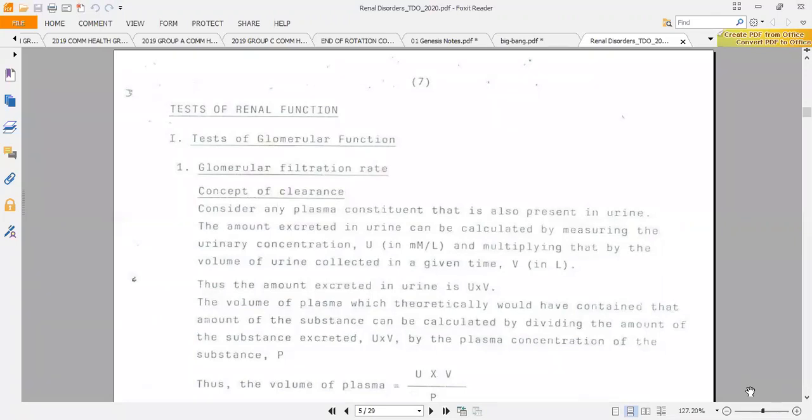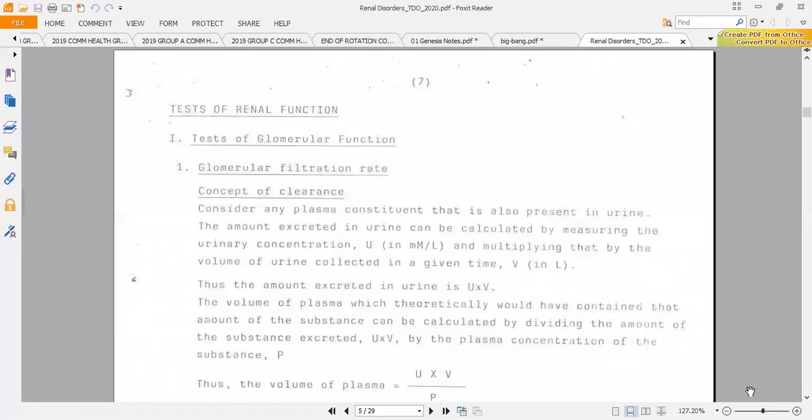The first thing you're going to look for is the test for glomerular function. In order to understand the test for glomerular function, there is a certain concept we call the glomerular filtration rate, which must be understood.